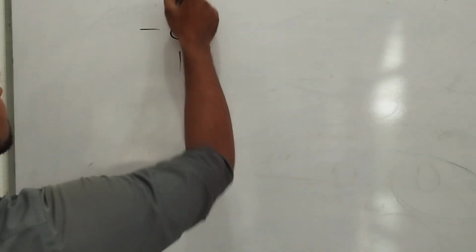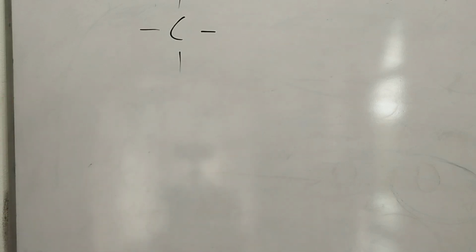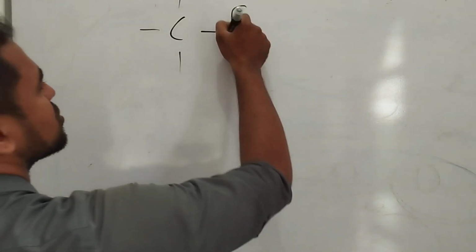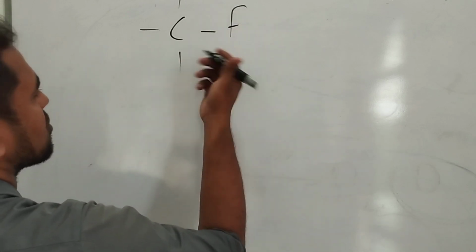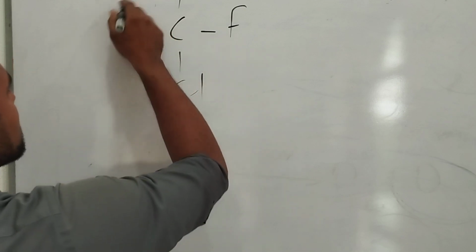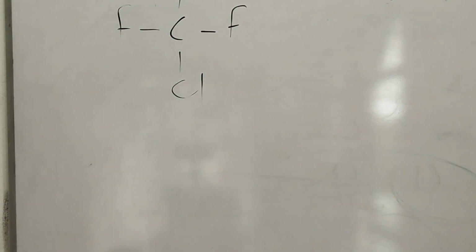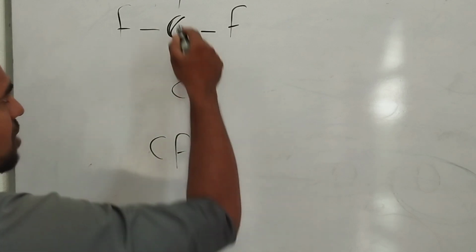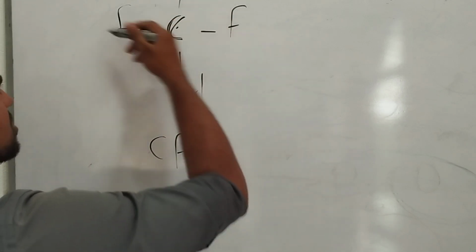There are different types of chlorofluorocarbon. Mainly we'll talk about the chlorofluorocarbon which has carbon, 2 chlorine atoms and 2 fluorine atoms.